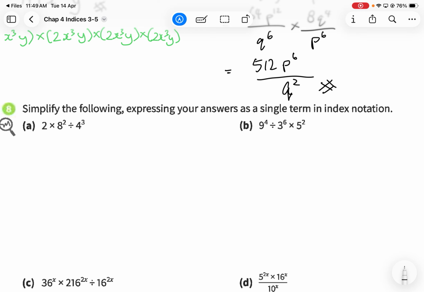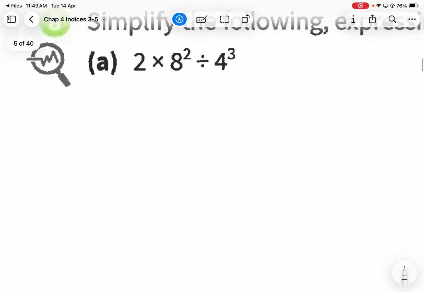They will not help you go and write the number in index notation. So when the question asks you to give index notation, they don't want you to just press calculator to find answer. For these two questions, just nice, it will work. But for normal exam questions, when they ask you to give in index notation, you have to go and figure out how to solve them in index notation.